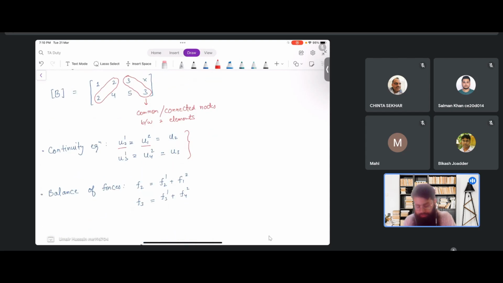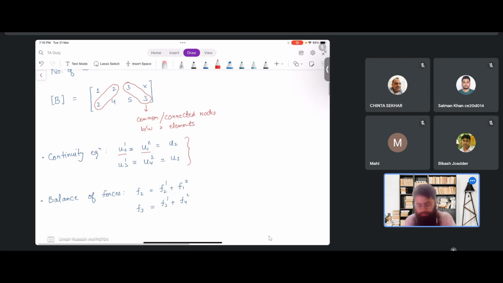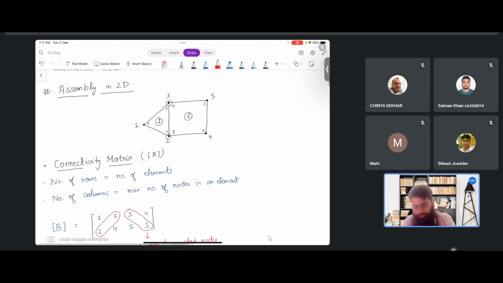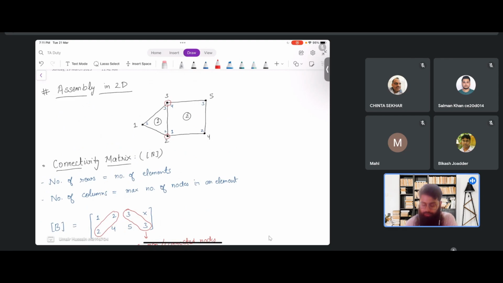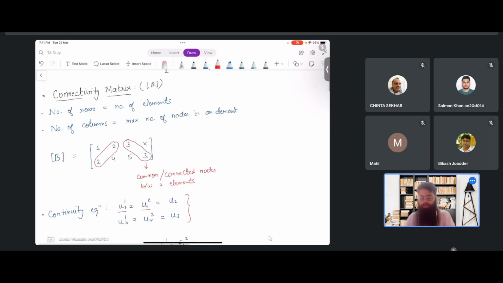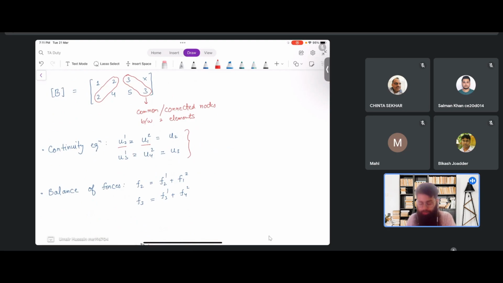And the second condition that we have to fulfill is the balance of forces. The force contribution from each element is summed up at the respective common node. So at global node 2 here, the element level contribution from local node 2 of element 1 would be added with the force contribution of local node 1 of element 2, and that sum would be placed at the respective position of global node 2 in the force vector. Similarly, the same thing would be done for global node 3.